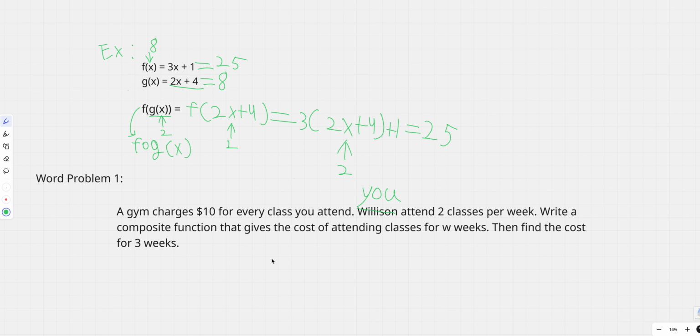So the first function we see is the cost per class. So we can write that as f of x equals 8x.